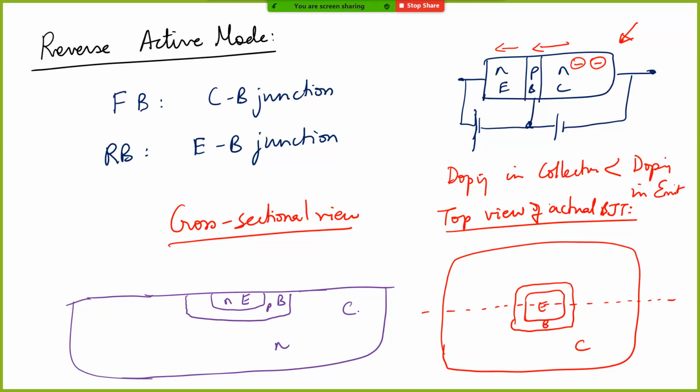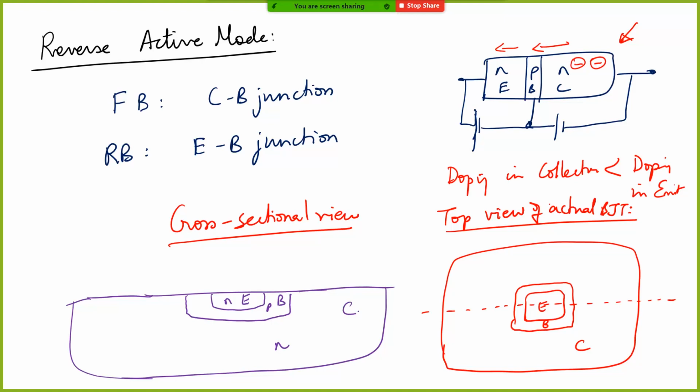Basically it's device physics. You will align all the doping concentrations, the width of the base, the dimensions of the emitter and the collector, everything. You will engineer it in such a way that the forward active mode is preferred, so the forward active alpha is close to 1 and the forward active beta is fairly high.